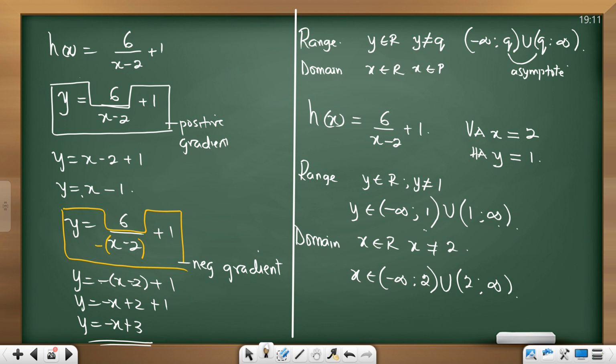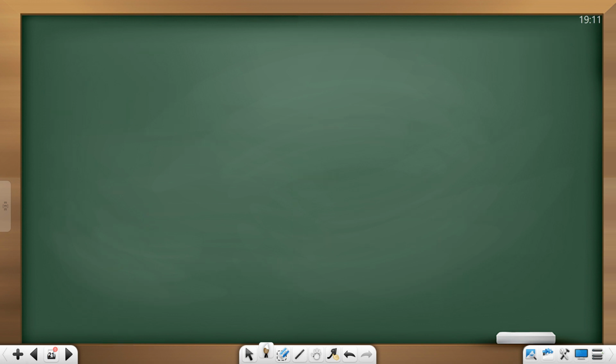But the examiner says S of x is h of x plus 2. What have they done to the graph? S of x is h of x plus 2. What have they done to h of x? They shifted. Where?